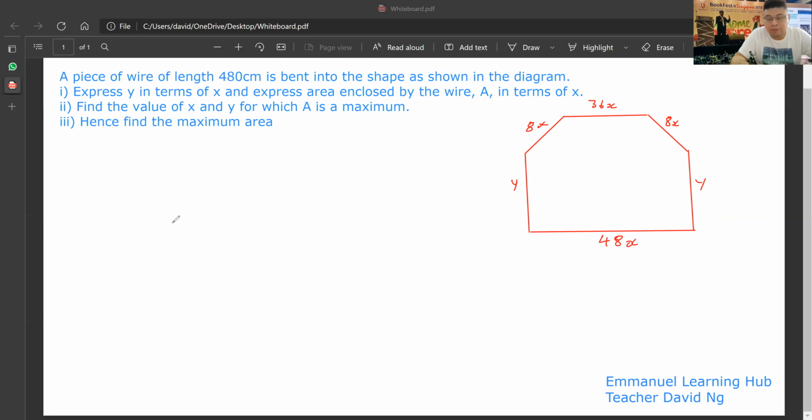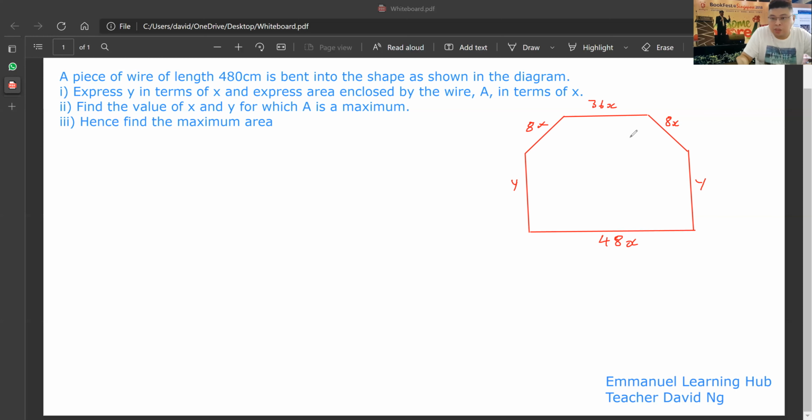You know what to do? I think so. 480 basically is a perimeter. Okay, 480 is the perimeter.